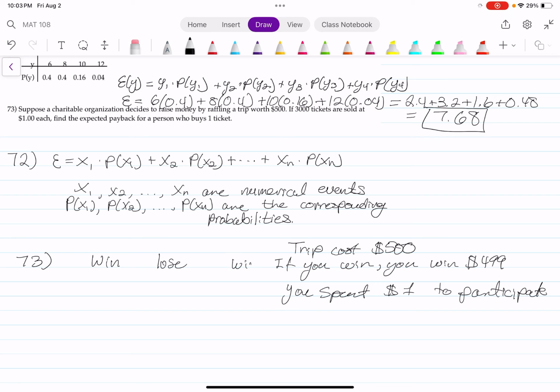If you lose, guess what? You lost $1. You don't lose nothing in this case. You spent your money. You didn't get nothing. So if you win, you win $499, and if you lose, you're losing $1. We're going to put a negative because it is a loss.